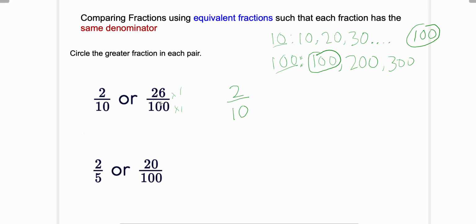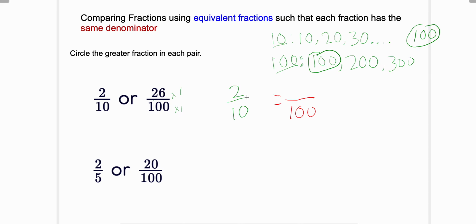26 times 1 is 26. 100 times 1 is 100. So it's going to stay the same, okay? So I'm looking to convert 2/10 into a denominator of 100. So I'm going to make an equivalent fraction for 2/10 with a denominator of 100 so that it can be a fair comparison.